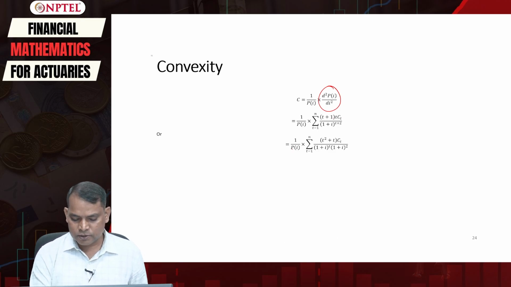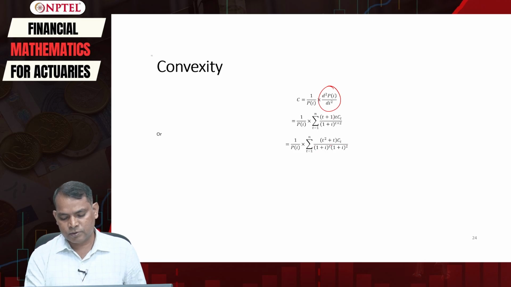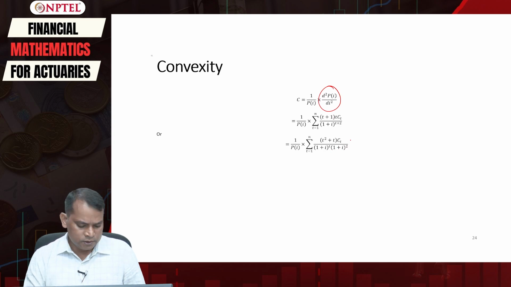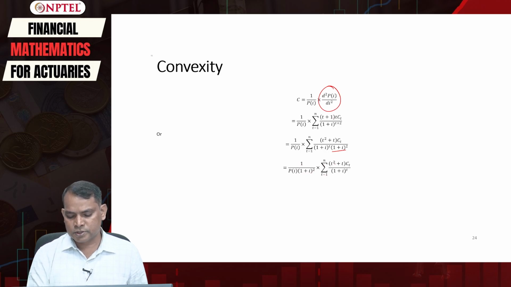So I have written it here the same way. It is equal to 1 upon Pi multiplied by sum of t square plus t Ct divided by 1 plus I to the power t multiplied by 1 plus I to the power 2. Or we can rewrite this by taking this in the beginning, so that we have 1 upon Pi 1 plus I square multiplied by sum of t square plus t Ct divided by 1 plus I to the power t. So this is the formula for convexity.